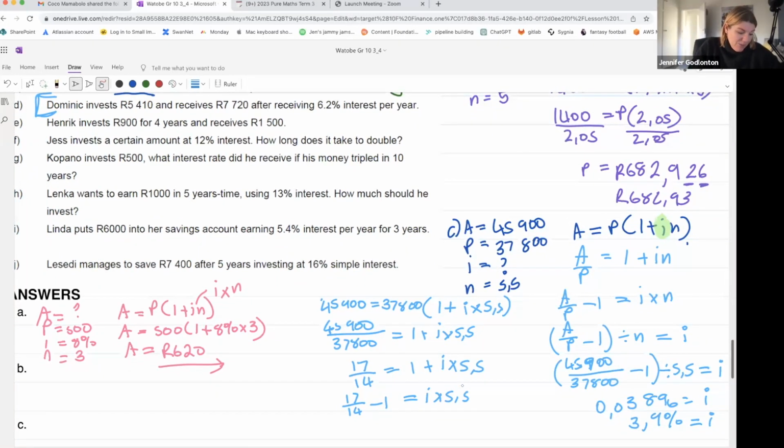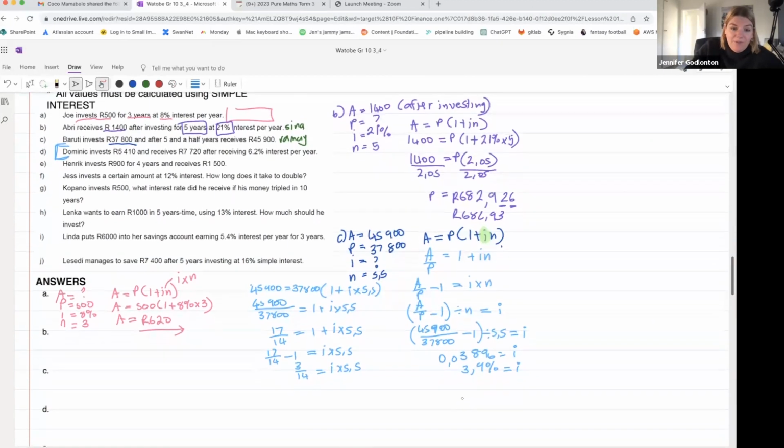So we're going to minus 1, and that's going to give us 3 over 14 is equal to I times 5,5. And then for our final step, we just need to divide by that 5,5. And that's going to give us our I.